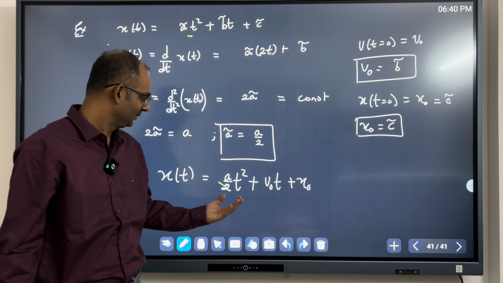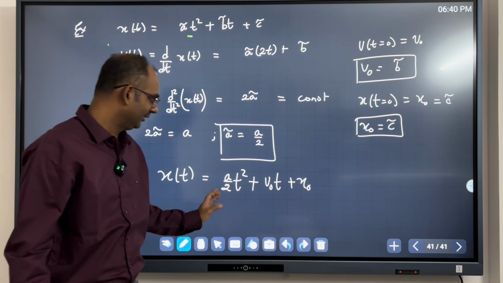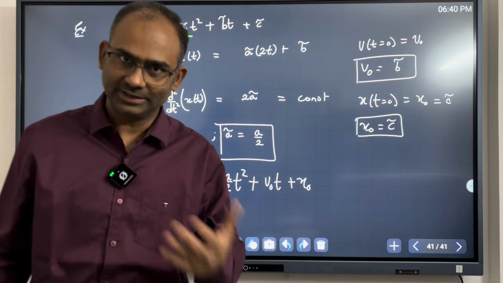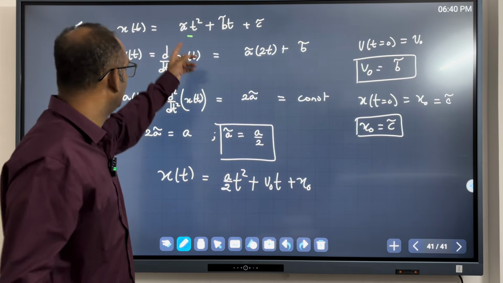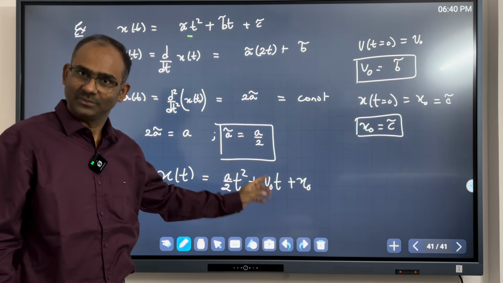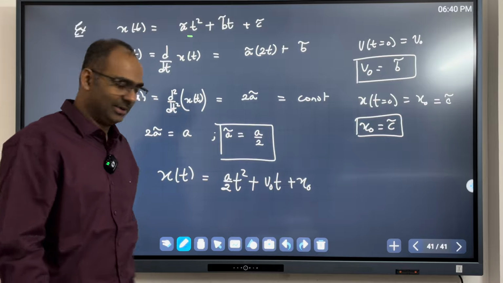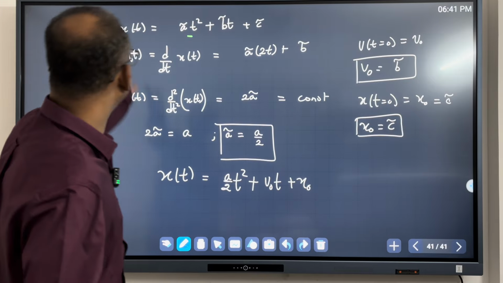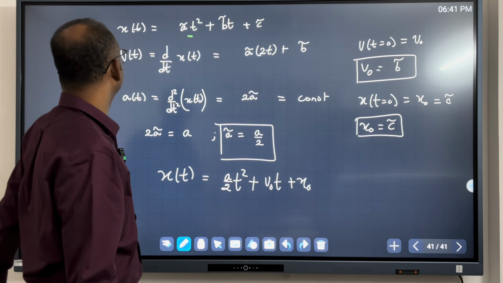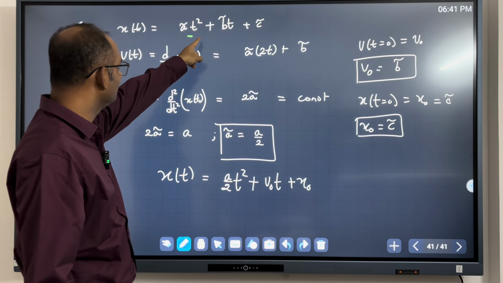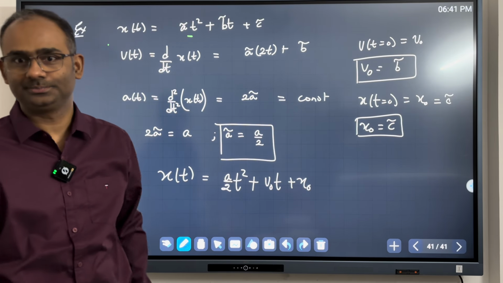That's this formula. You have most likely already seen that formula earlier, but you might not have done this kind of derivation, and I have derived this. But you see how we started: I said, let's look at some functional dependence of position like this on time, and then I arrive here.